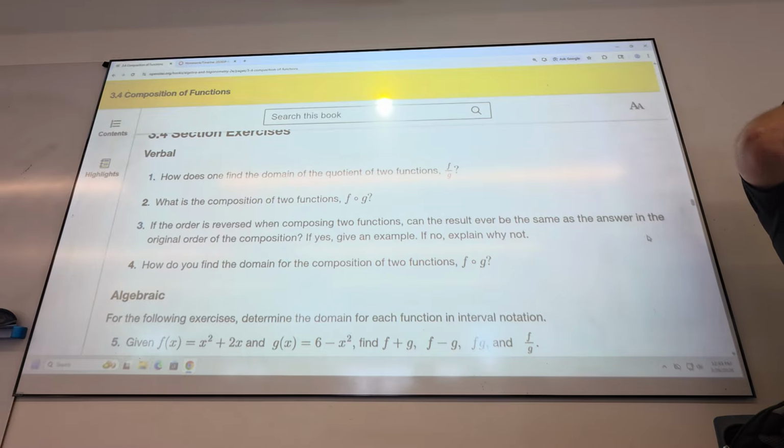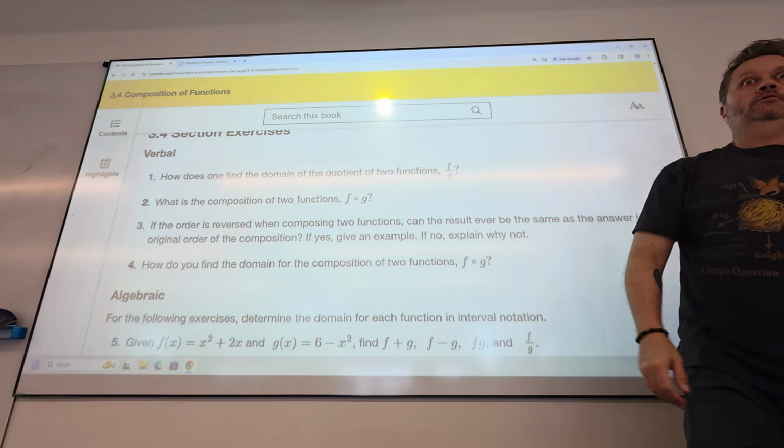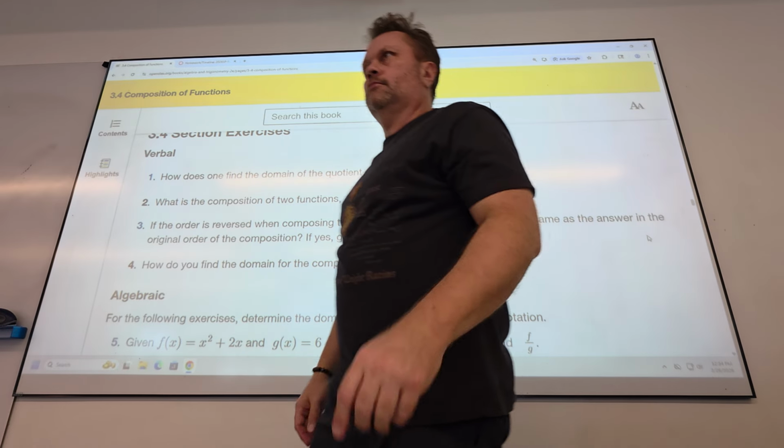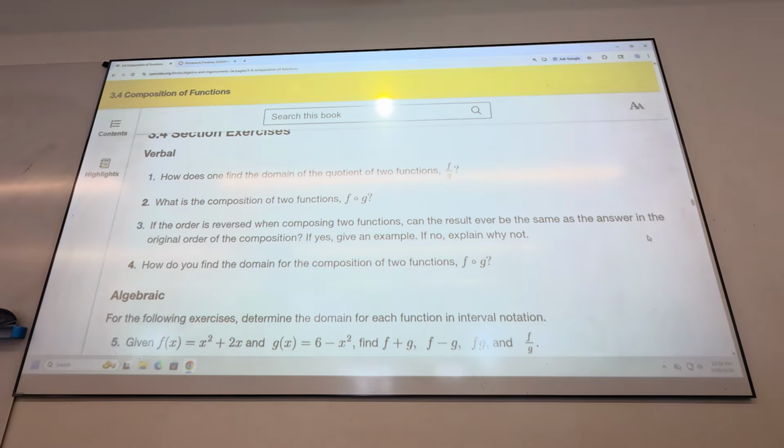So, what does it mean when you compose two functions? Does that mean you're writing it down on sheet music and playing it on a piano? If you don't know, look at number 2. So what's a composition of two functions?